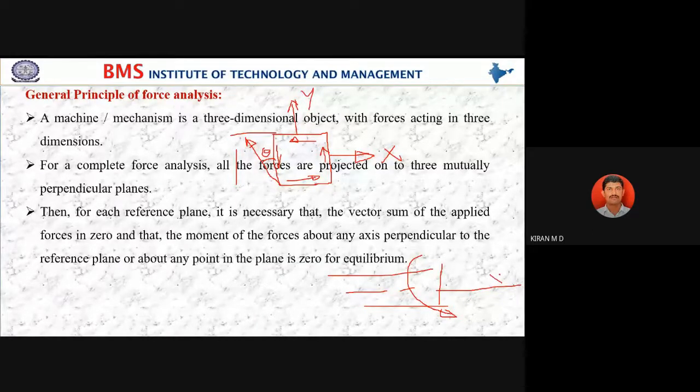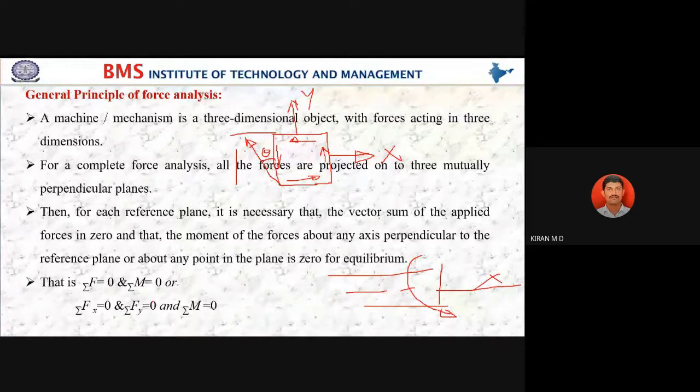Whatever torques are developed should give equilibrium, so the summation of the torque also should be 0. That is the third principle of force analysis. So here you can observe summation of F is equal to 0 and summation of M is equal to 0, or summation of Fx, summation of Fy and summation of M is equal to 0. Is it clear?